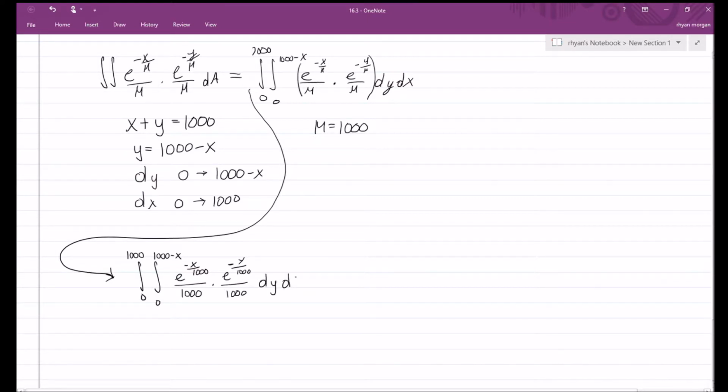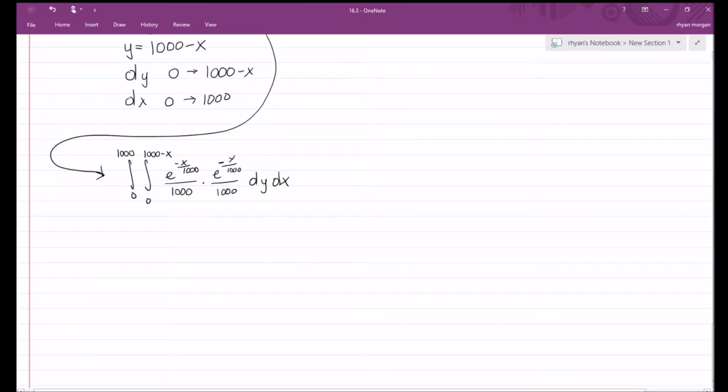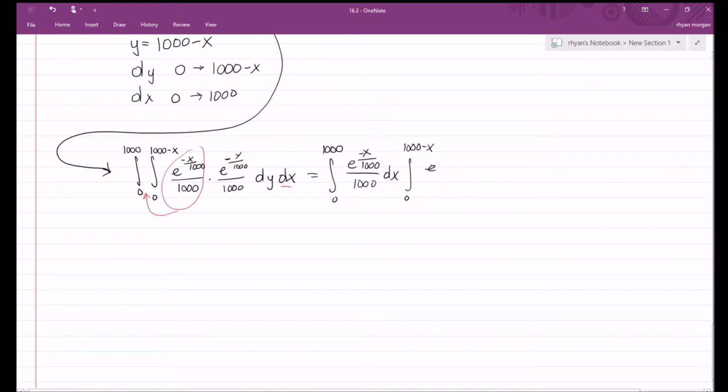So if you start to solve for that, just like we did in part A, we can move the portion with dx to be in this integral. So that will give us the integral from 0 to 1,000 of e to the negative x over 1,000 divided by 1,000 dx times the integral from 0 to 1,000 minus x of e to the negative y over 1,000 divided by 1,000 dy.